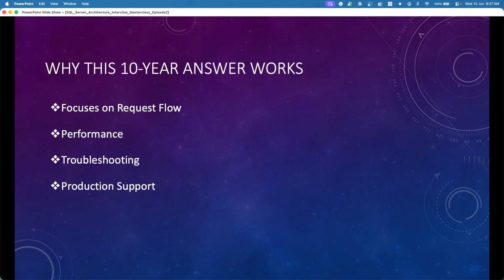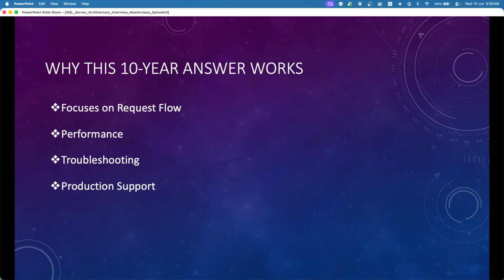Okay, let me give you a real world example. For example, a user reported that a critical report was taking 45 minutes. Some team members in the DBA team immediately started tuning the query. But first, we need to look at the architecture flow. The wait statistics showed PAGEIOLATCH waits.